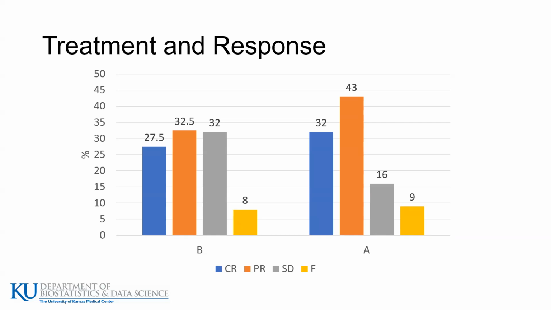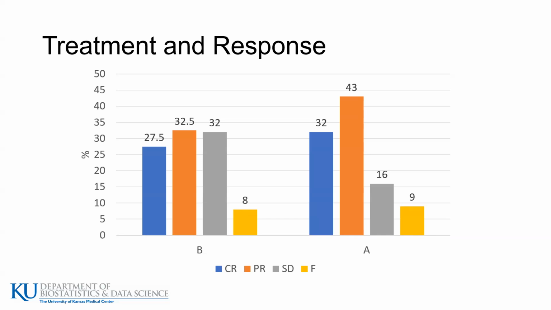In group B, we had a partial response rate of 32.5%, and in group A, we had a partial response rate of 43%. So just looking at this plot, it looks like there's probably going to be some difference, or we're probably going to reject the null hypothesis.